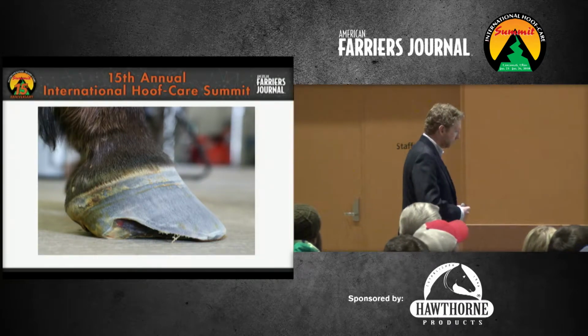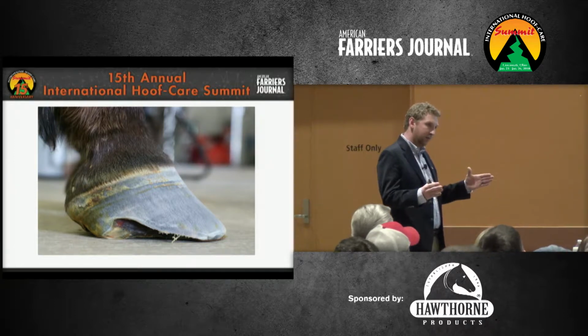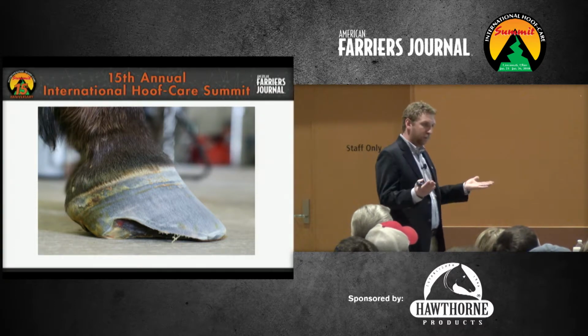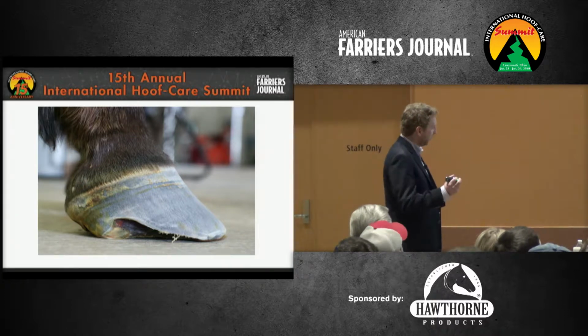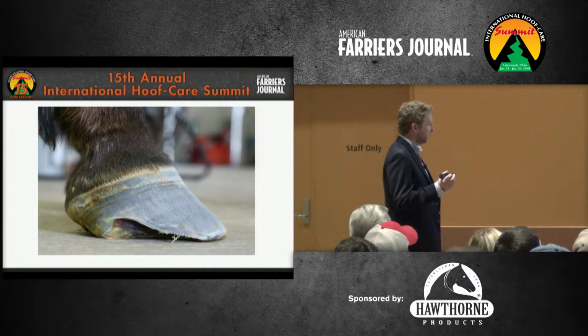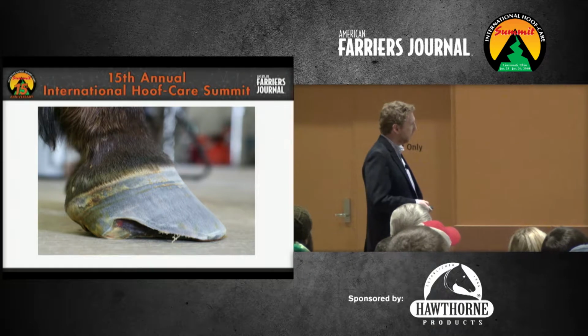to basically provide our own environment or create a long-term bandage, for lack of a better analogy. So again, in this particular example, we've got white line disease affecting the lateral quarter here on this little guy. So it's obviously been debrided, it's been treated topically.